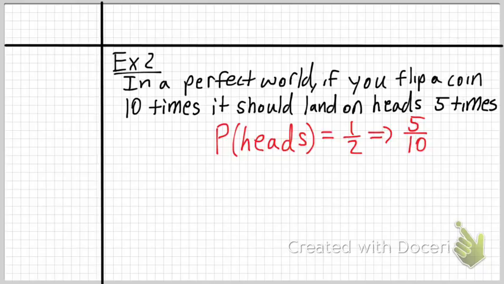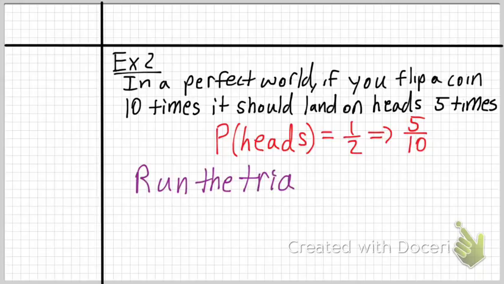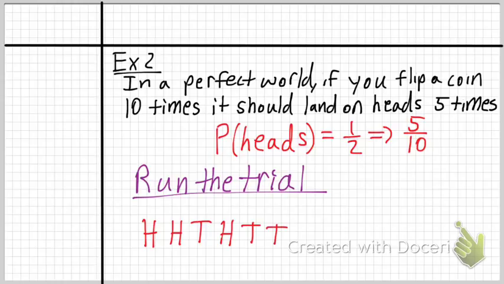So let's say that we actually ran this trial. And instead of getting exactly that distribution, we have a head, a tail, a head, a tail, a tail, a tail, a head, a tail, and a tail.